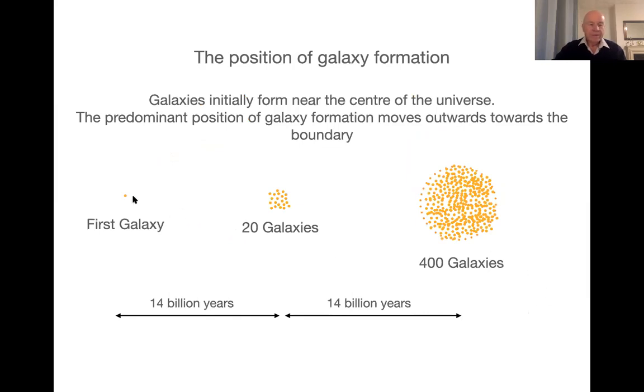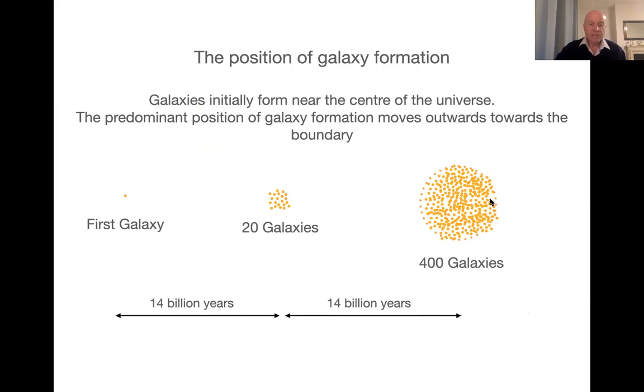Now, we noted from the formation of galaxies that there is a tendency for galaxies to form in a progressive way. So in the first 14 billion years, we get 20 galaxies. And subsequently, every 14 billion years, we get the number of galaxies increasing by a factor of 20.